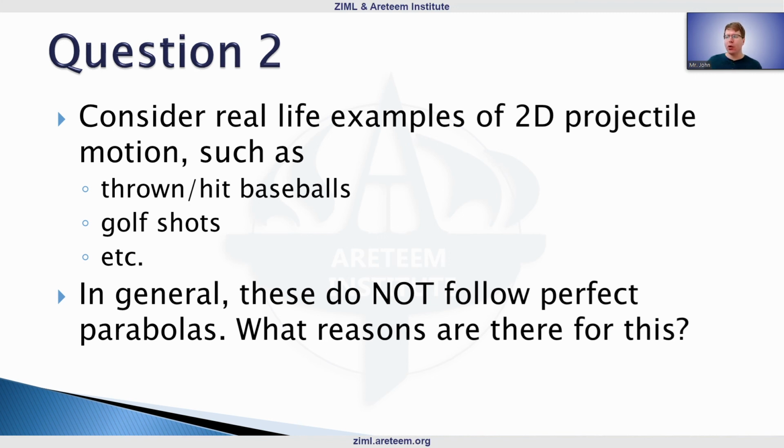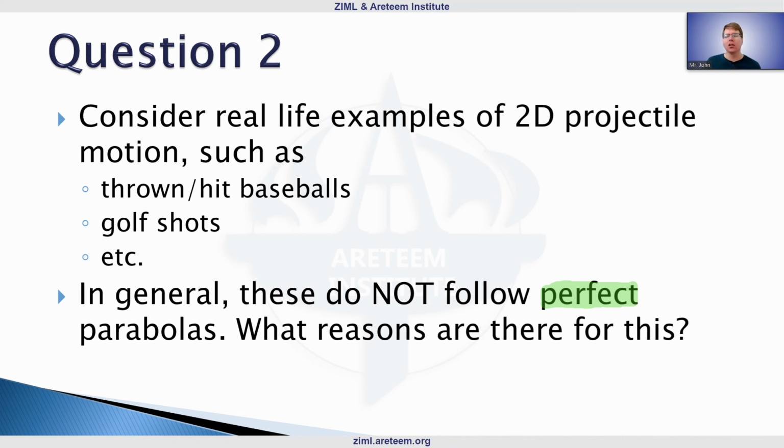Now, before we say all of this stuff is a lie, perfect is a pretty important word here. For a lot of scenarios, for a lot of approximations, if you think about it as a parabola, you're going to get pretty much the correct answer. It's going to be pretty close to what happens in real life, but not quite.